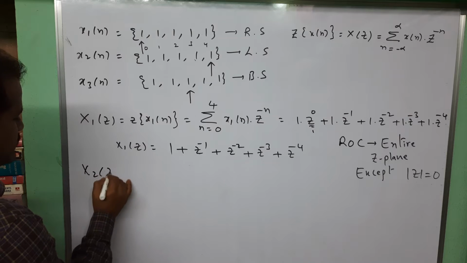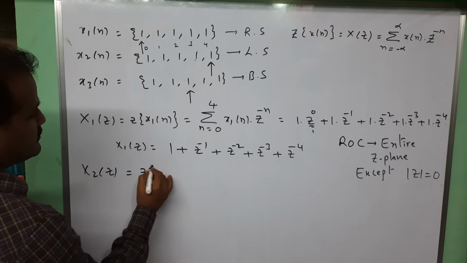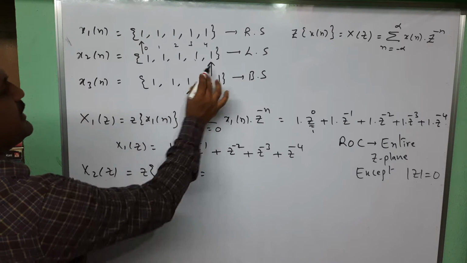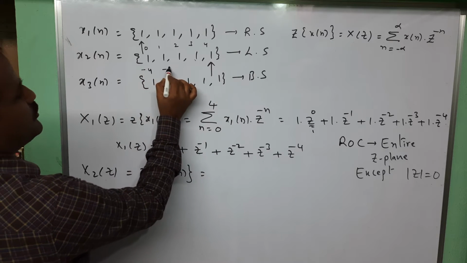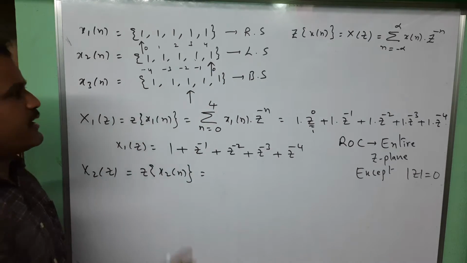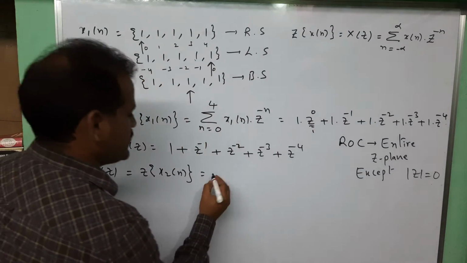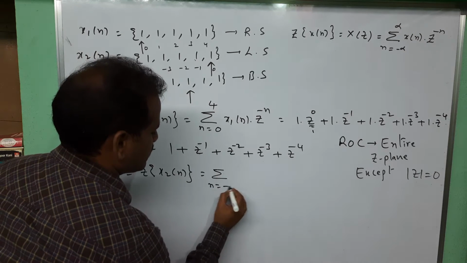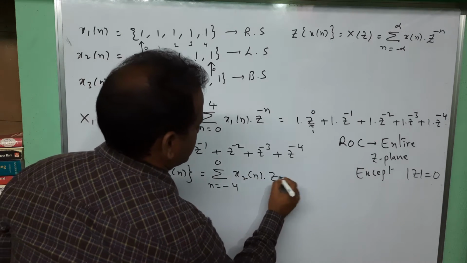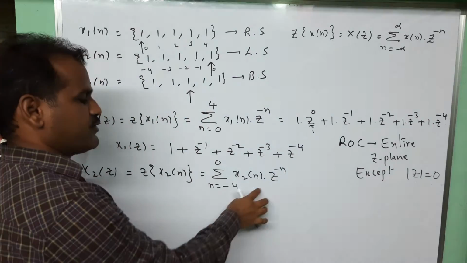Consider it as x2 of z, that is z transform of x2 of n. Here if you observe, n value is minus 4, minus 3, minus 2, minus 1, 0. N value is from minus 4 to 0. The signal is existing there. So let us find this z transform.